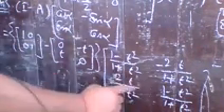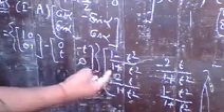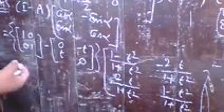Now, if you see this matrix, in each of the terms, 1 upon 1 plus t square is common. So you have to take it out and simplify these two matrices.